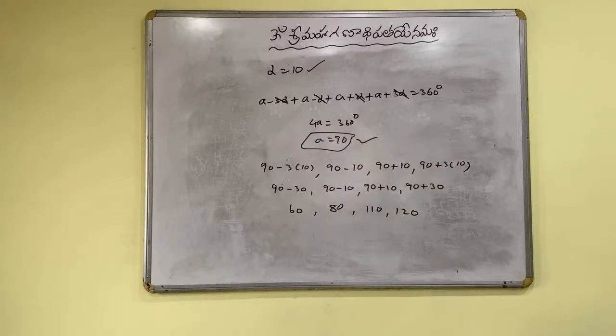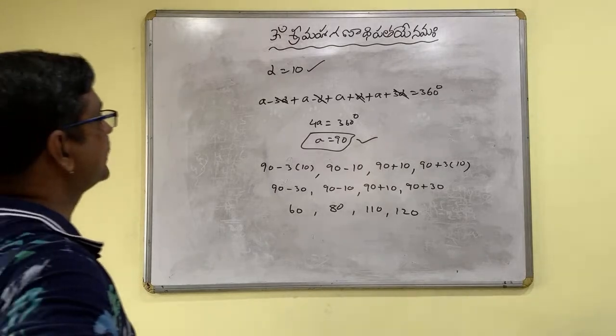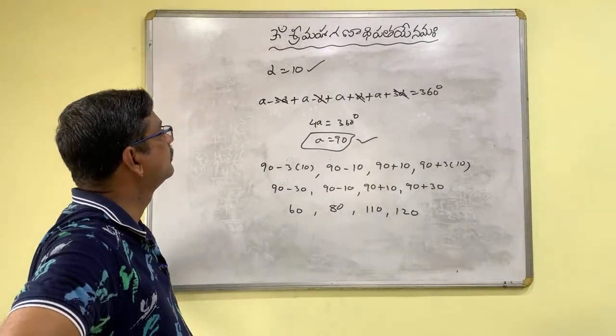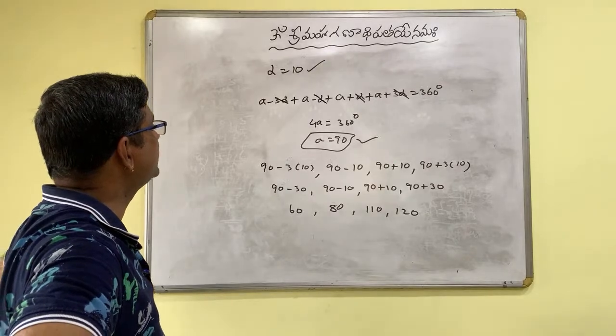Oh, common difference 10 on each side. Okay, common difference 10 on each side. We got A as 90.